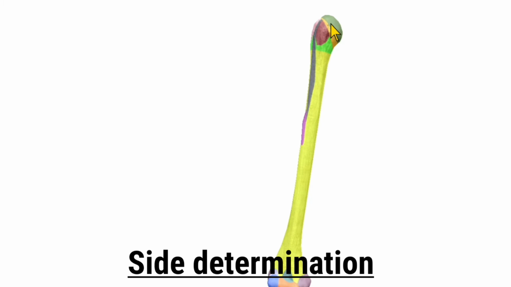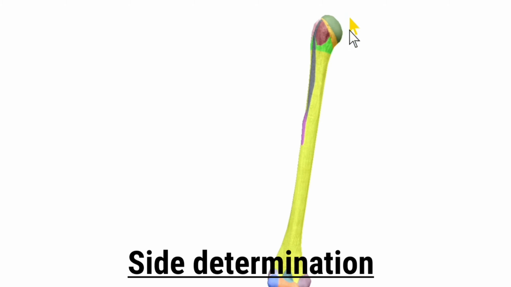And about the side determination of humerus, that is which is right and which is left sided humerus, we can determine by the following points. The first point is the upper end is rounded to form the head of the humerus, and the lower end is expanded from side to side and flattened from before backward.